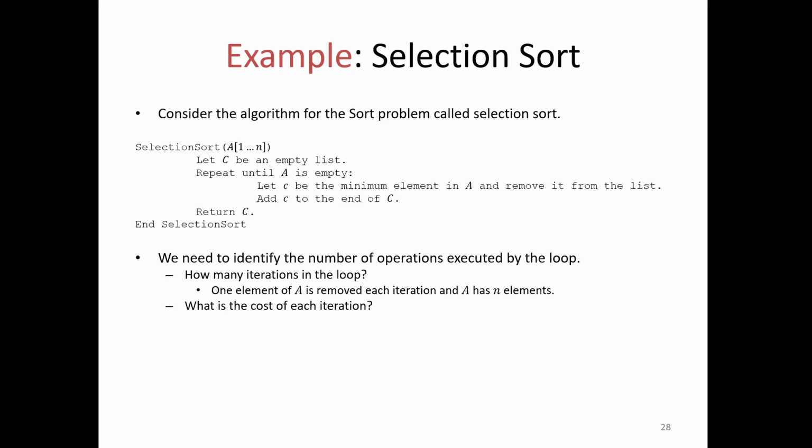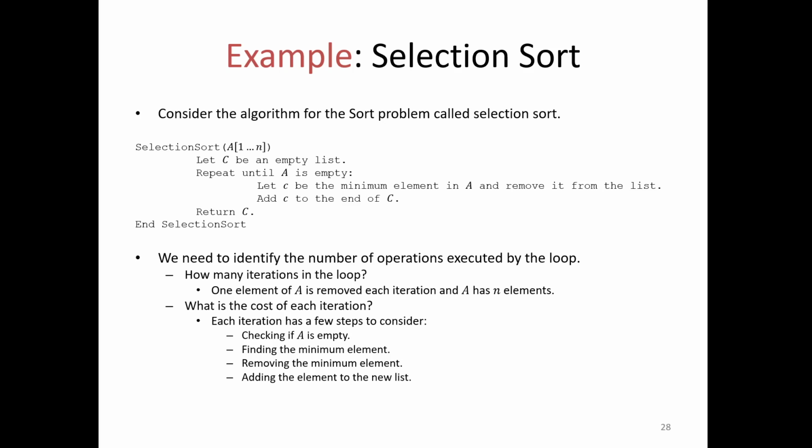So what is the cost? Well, I've sort of listed this out here. We've got effectively four different things we need to look at. And again, it's probably worthwhile to lump 2 and 3 there together. Finding and removing the minimum element is likely something we're going to be doing all at once. Now let's think of each of these in turn. And in particular, I want to look at the first and the last one.